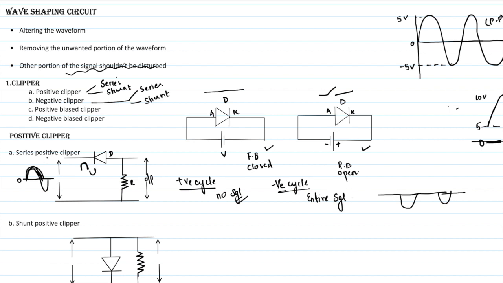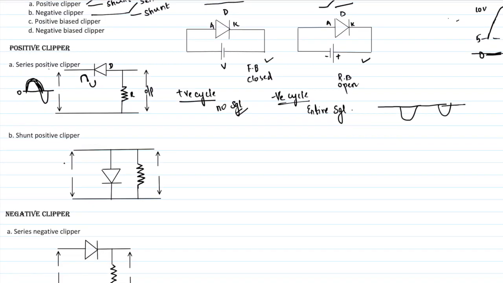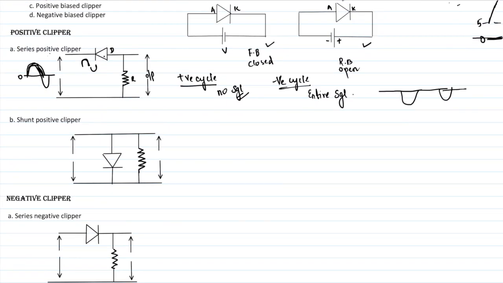Positive clipper means the positive waveform is clipped. This is in series connection, that is the diode is connected in series with the output resistor. Here in shunt or parallel, the diode is connected in parallel with the resistor.